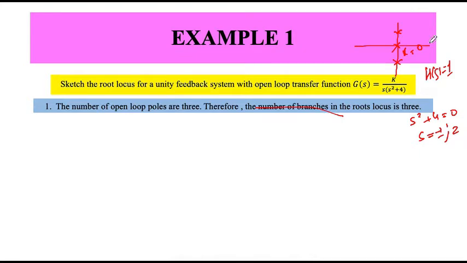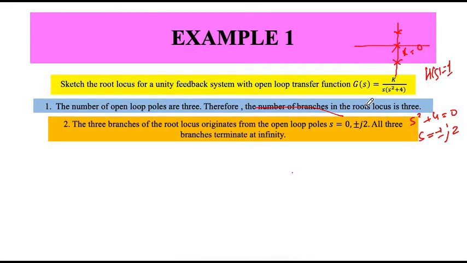The first rule told me that it is symmetric. Rule number 2 told me that all will go to infinity. Rule number 3 told me about a point like this on the root locus, the real line on the root locus.